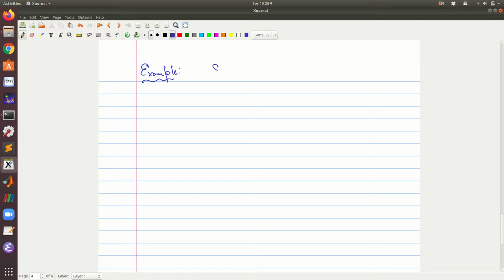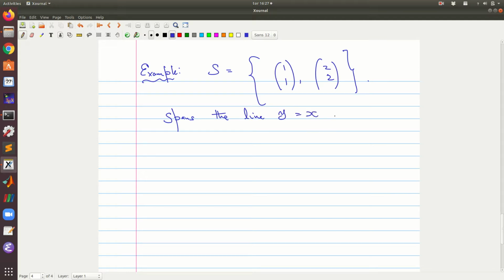So for example, we have the set S, which consists of the vectors (1, 1) and (2, 2). We are going to say that this one here spans the line y equals x in R2.